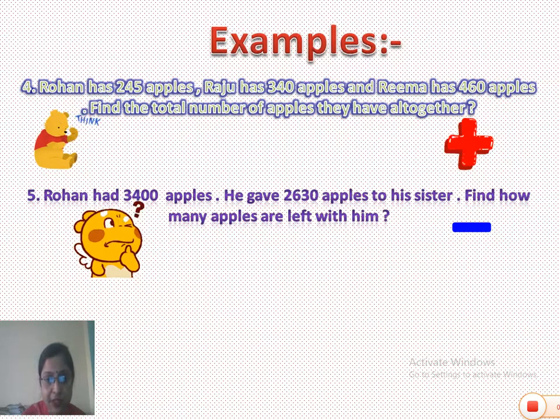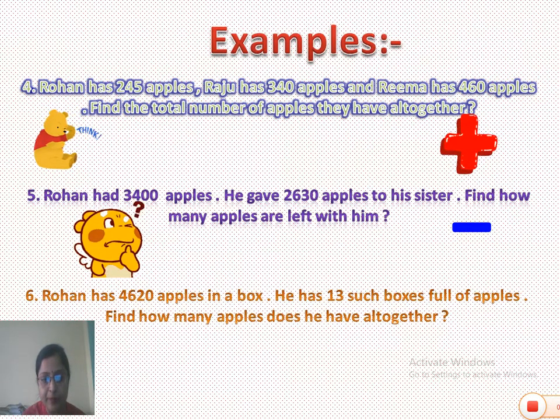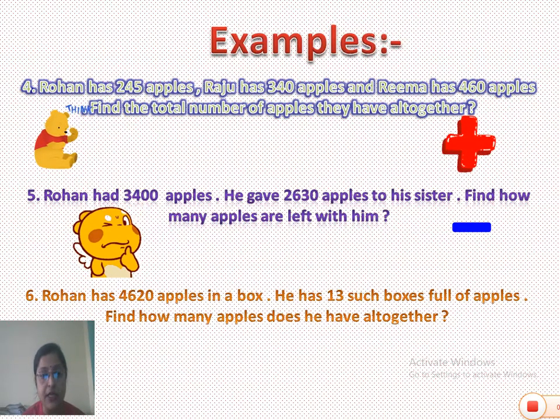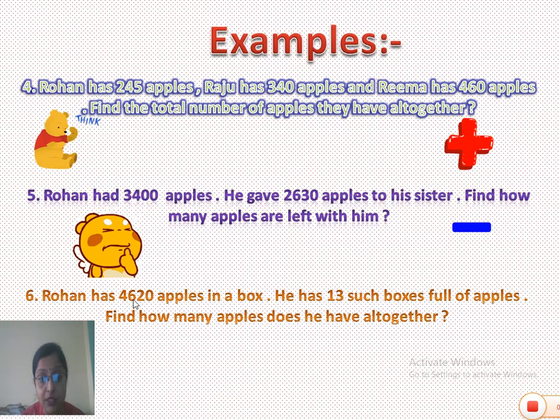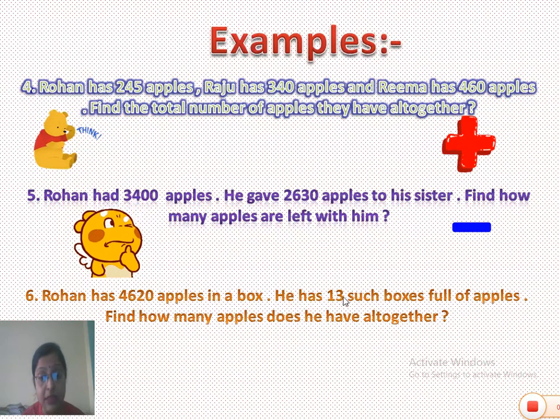Now let's check out the next example. Rohan has 4,620 apples in a box. Now, he has 13 such boxes, children. Like this kind of box full of 4,620 apples, he has 13 boxes.